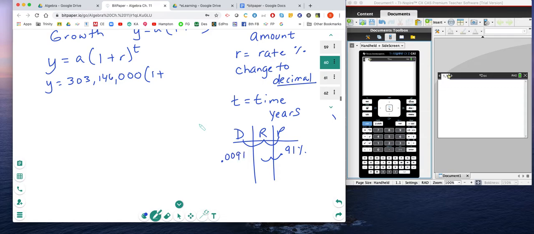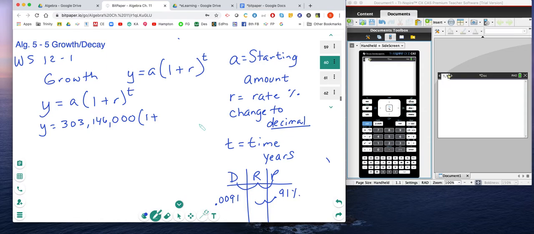Go back up to our formula, put in our r, 0.0091, and then in order to find our t, we're going to take the 2 years and find the total years that we're looking at. So we're going to do 2012 minus 2008.